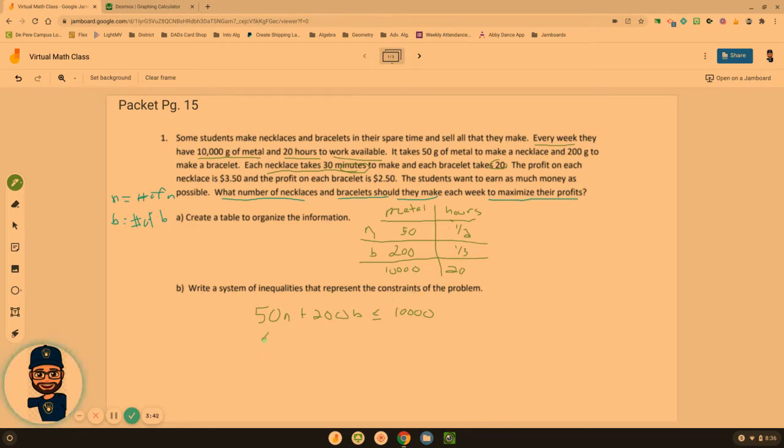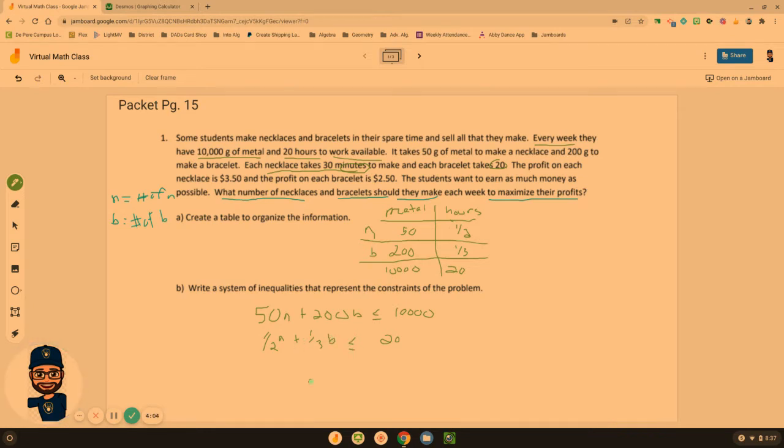And then the hours. We have a half hour, 1/2 for every necklace, plus we have 1/3 for every bracelet. We have 20 hours to work with, meaning that we could have less than or equal to 20 hours worked, right?